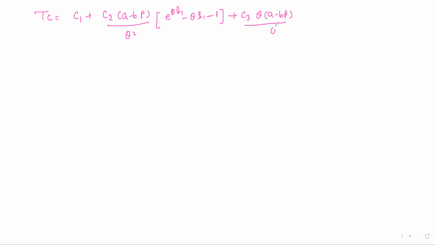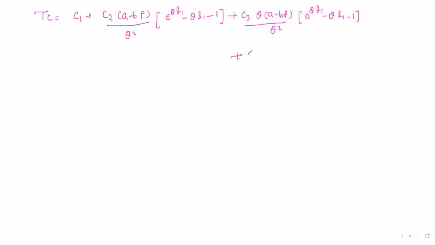Now we put the value of all each. So the total cost becomes: ordering cost is C1, holding cost is C2 (A minus BP) upon theta square, e to the power theta T1 minus theta T1 minus 1, plus deterioration cost is C3 theta (A minus BP) upon theta square, e to the power theta T1 minus theta T1 minus 1.